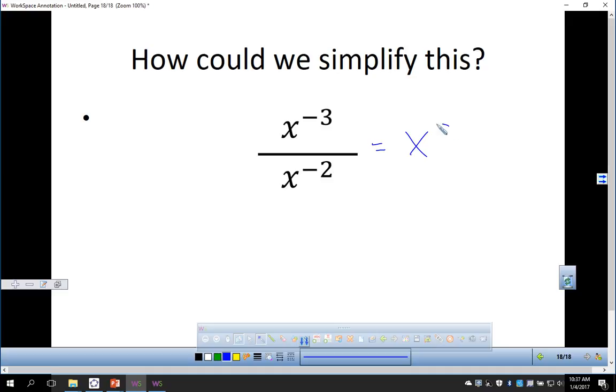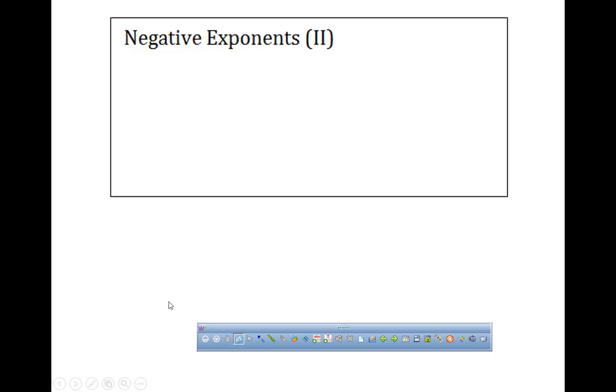X to the negative 1, which can be written as 1 over x to the positive 1, or just 1 over x. No? Yeah? Maybe? No? You give up? I give up. Negative exponent rule.